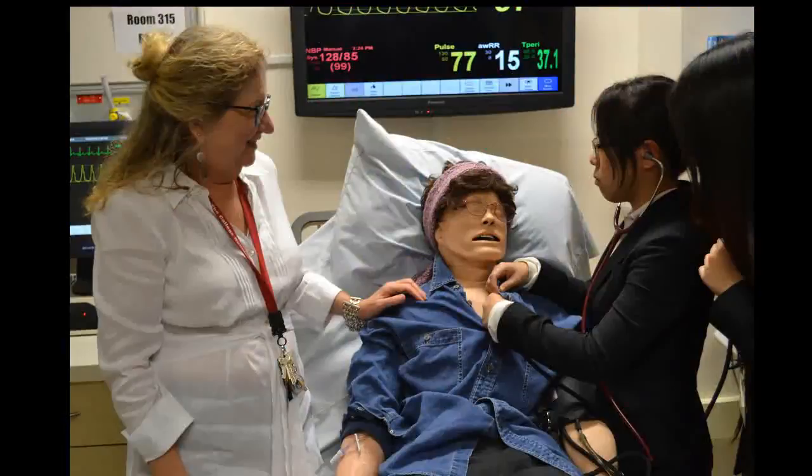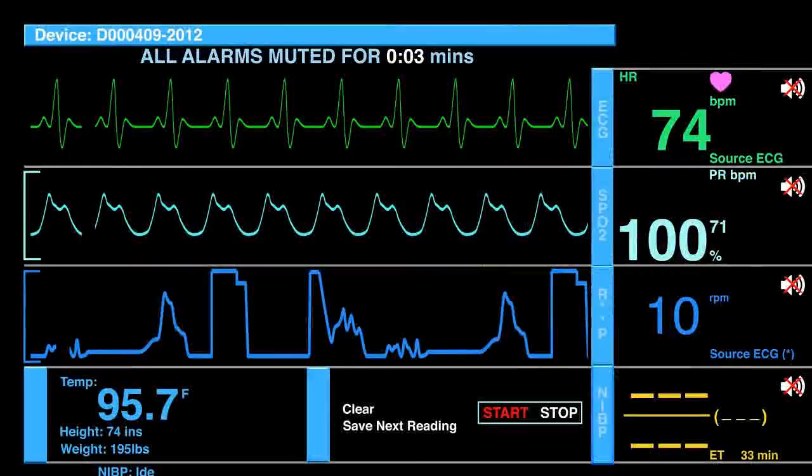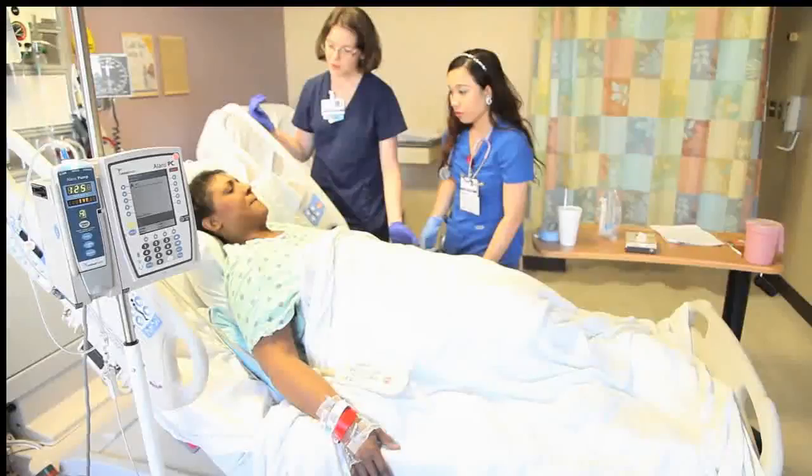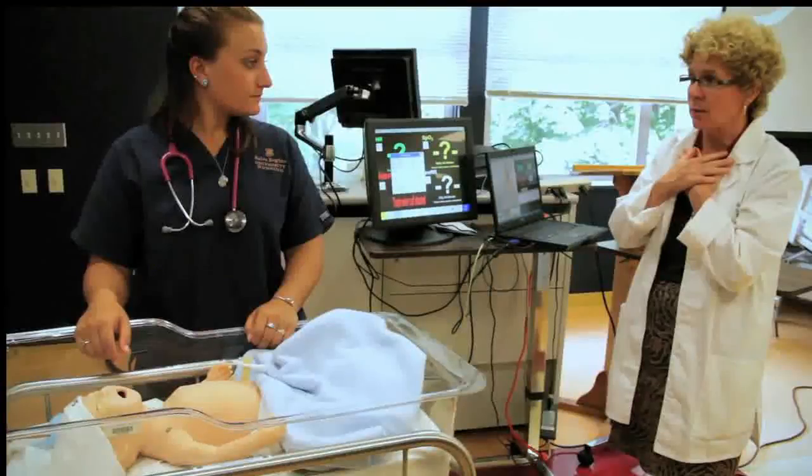Another big disadvantage is the need for faculty involvement and time management. Students may also feel like they are put on the spot and experience anxiety, especially when they're being observed by their peers and faculty. Another disadvantage is that students might not function as if the scenario was real, which would limit learning altogether.